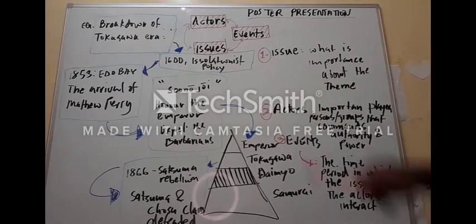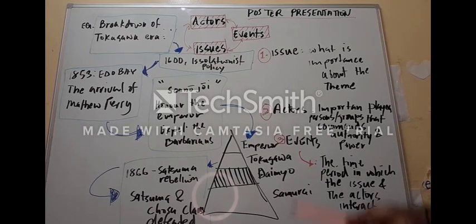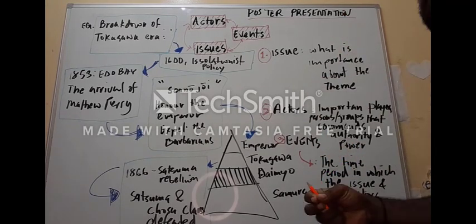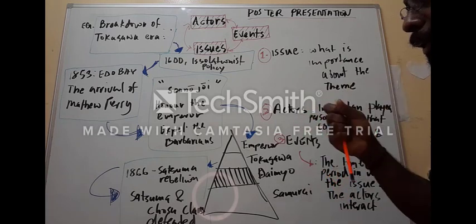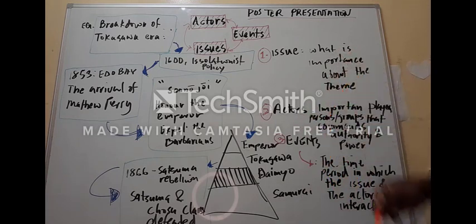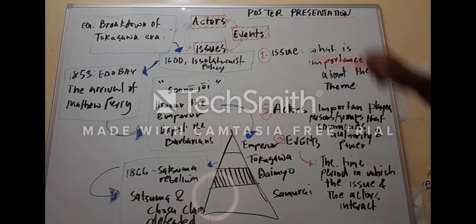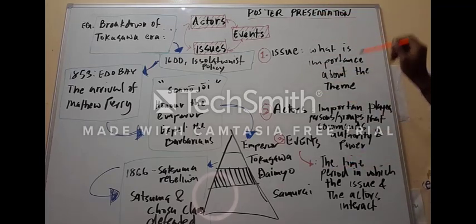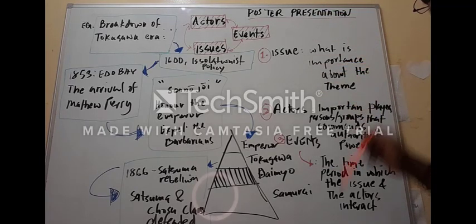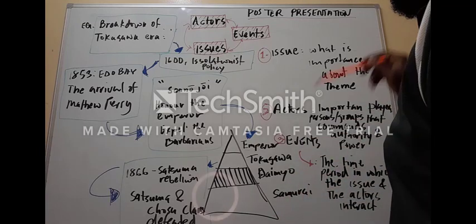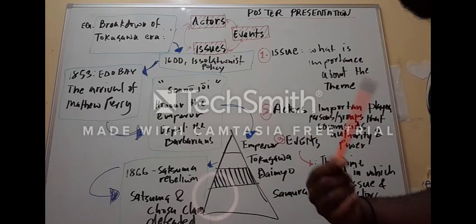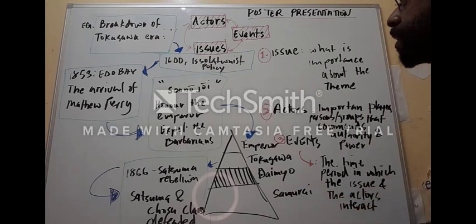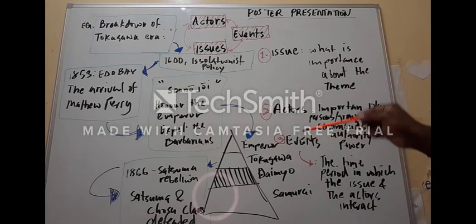The issue talks about the importance or themes in the particular presentation. So your presentation should include what is important about the theme, the idea, the discussion. We're going to use these themes or indicators in the example later.